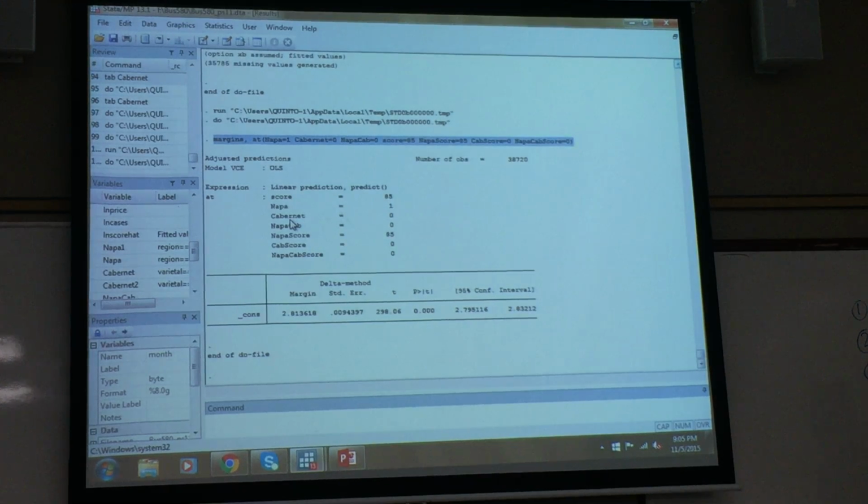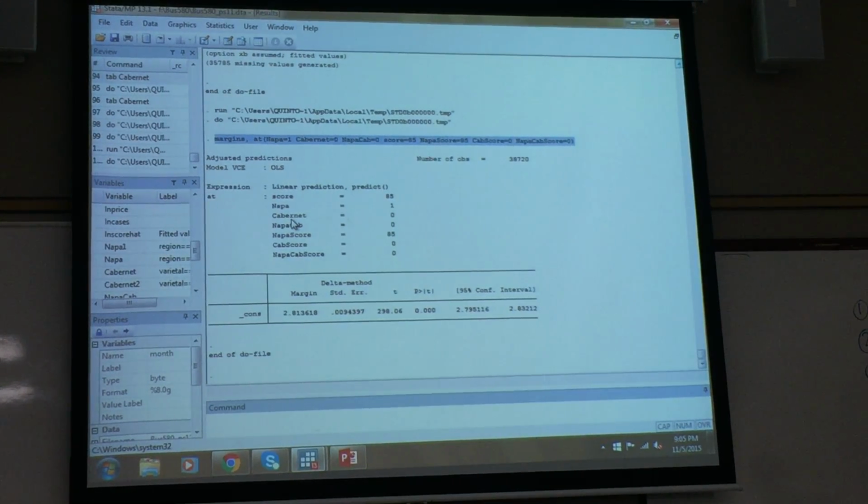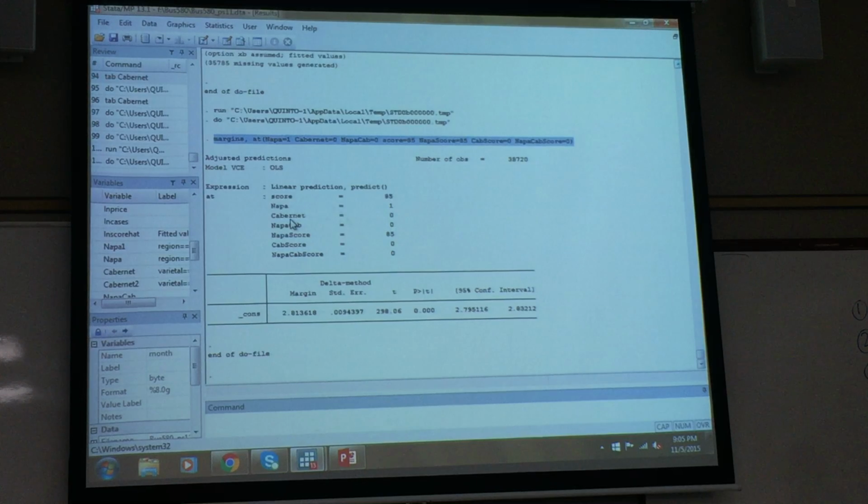Instead of doing display and all that stuff, which is fine also, we can just say margins at Napa equals 1, Cab equals 0, Napa Cab equals 0, score equals 85. So what is this? It's a Napa Zin at a score of 85.